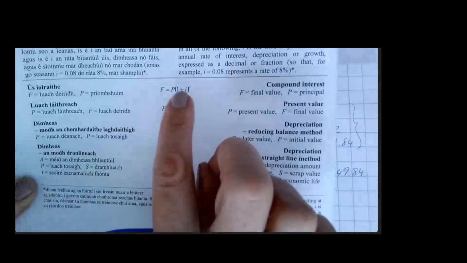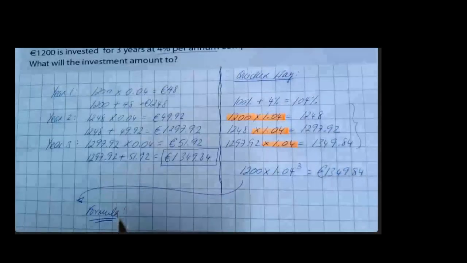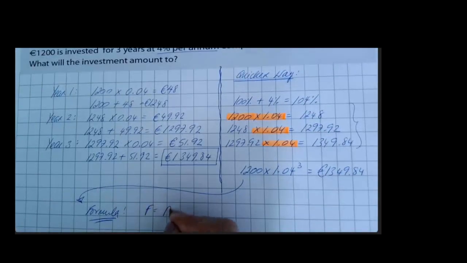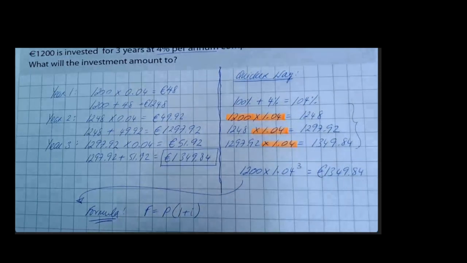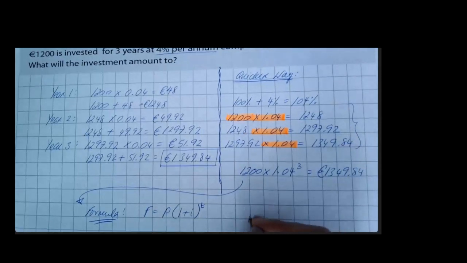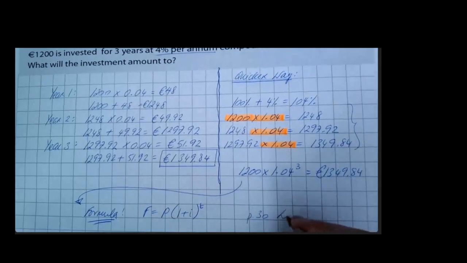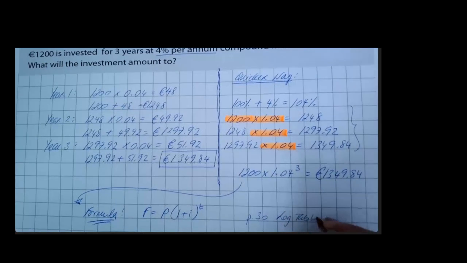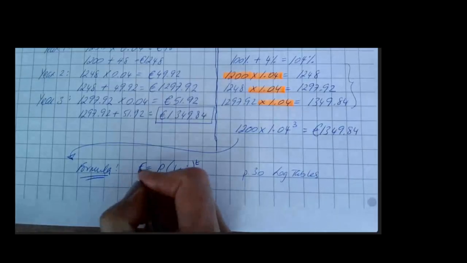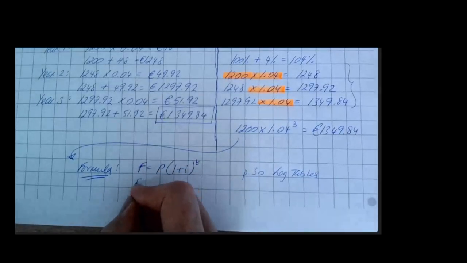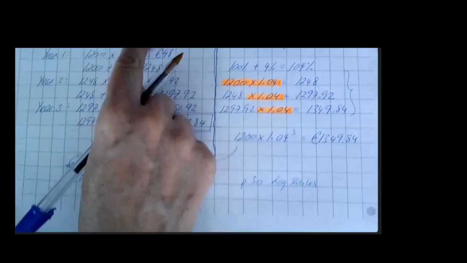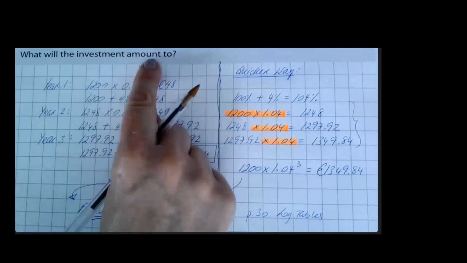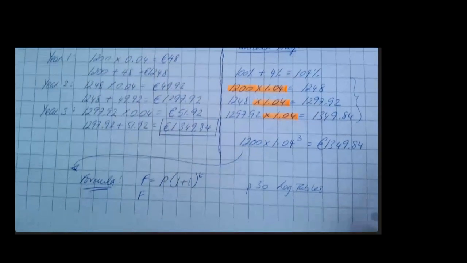Goes into your formula. So let's take this down. So this is F equals P for the principal, means the starting amount, (1 plus I) to the power of T. T is the time. And as I said, this is page 30 of the log tables. And so in this question, we are looking for the final amount, what the investment will grow to, okay? So we are looking for F, the final amount.